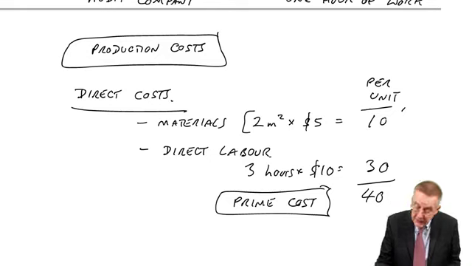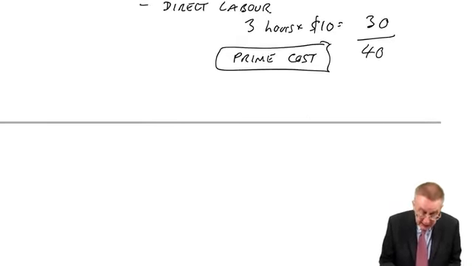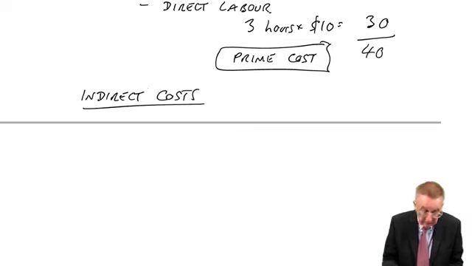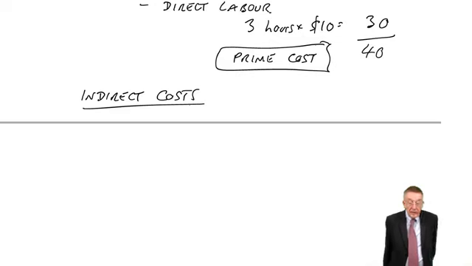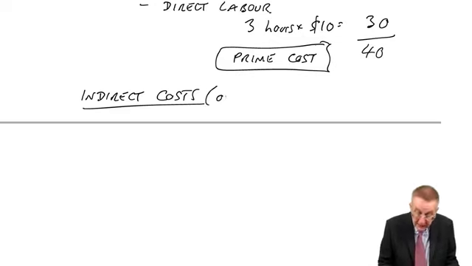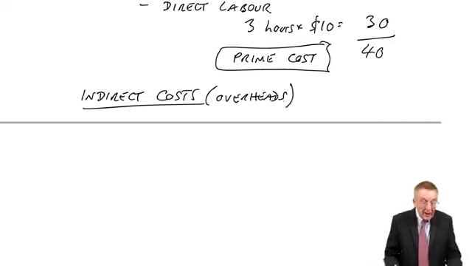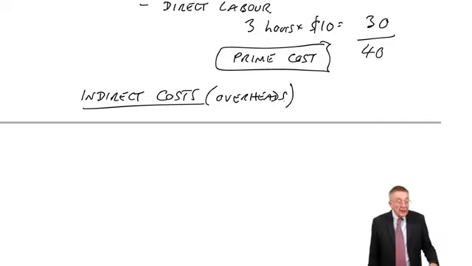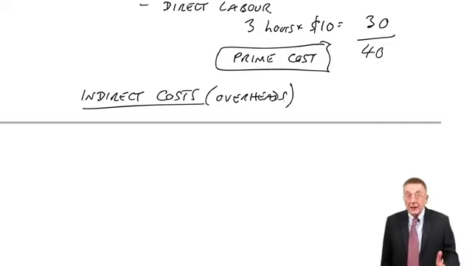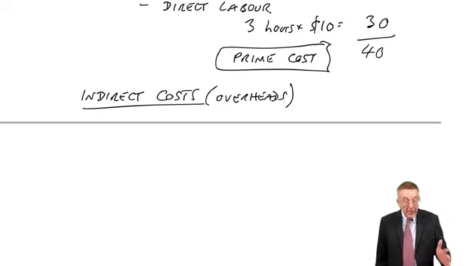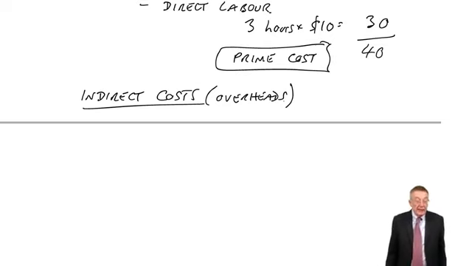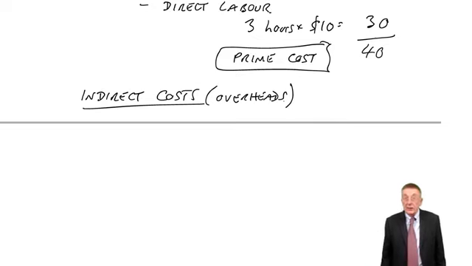Well, all these other costs we call indirect costs. And as I've written, they're also called overheads. They're those costs which are incurred in the course of making a product but cannot be identified with a particular cost unit.